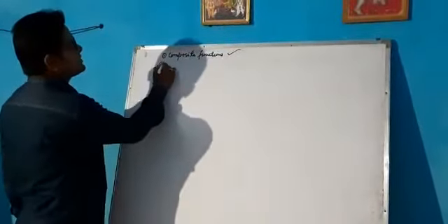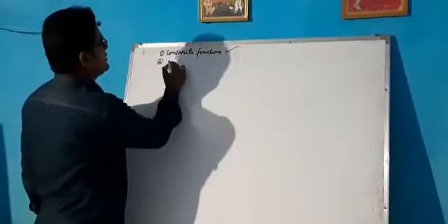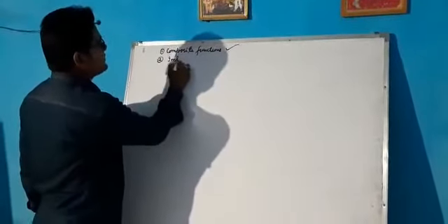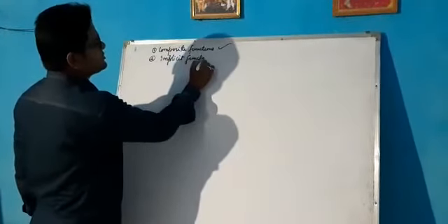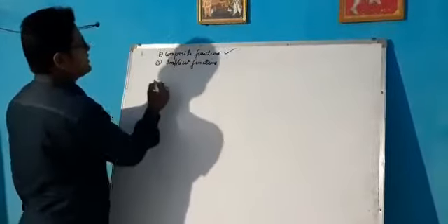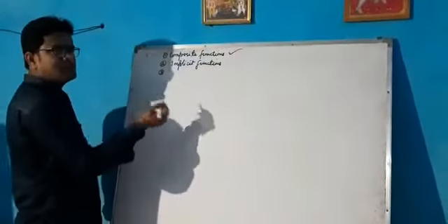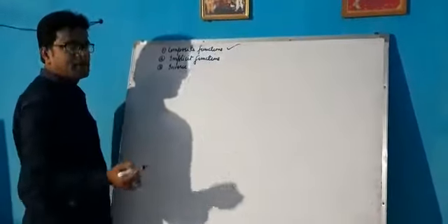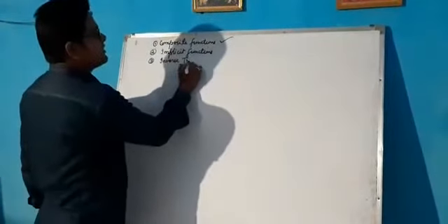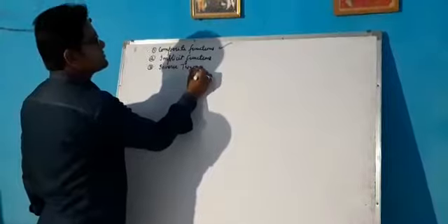The next type of function is implicit functions. We have to see the derivatives of implicit functions. Then we have derivatives of inverse trigonometric functions. Already I have explained the inverse trigonometric functions.